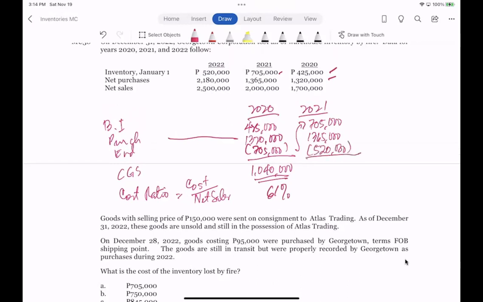Okay, so 705 plus 1365 minus 520, that's 1,550,000. Okay, so divide it by 2 million net sales in 2021. So that is 77.5%.